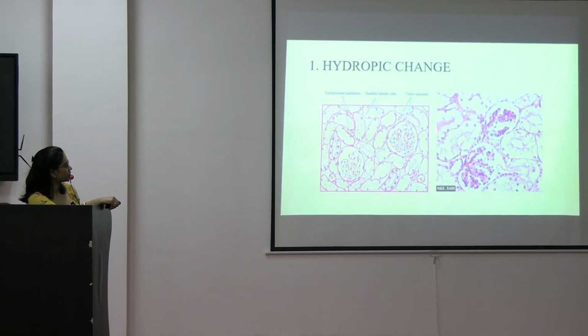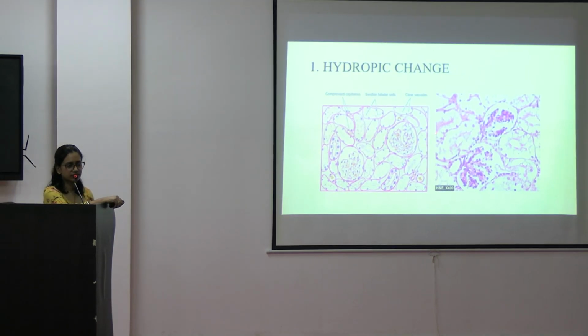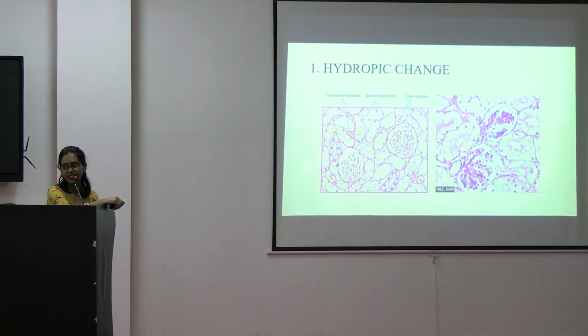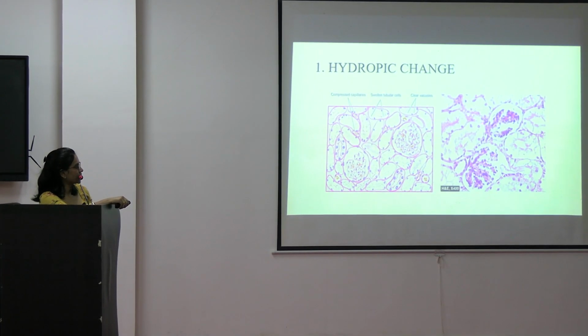So how does it look? This is a schematic diagram and a microphotograph of which organ do you think? What is this? This is a glomeruli and these are renal tubules. So kidney. So what kind of cytoplasm do the renal tubular cells usually have? They'll have an eosinophilic cytoplasm, but in cases of hydropic change, can you appreciate the clearing here?